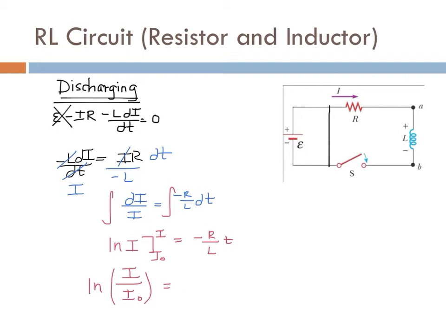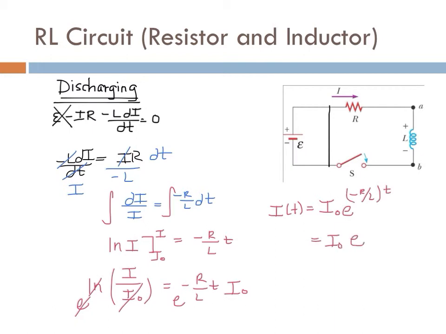And then we can get rid of the natural log by raising e to both sides. Then we want to get I by itself, so we can multiply by I naught. So our final equation is I as a function of t is equal to I naught e to the negative R over L times t. Or, like we saw in our previous section, negative t over tau, where tau is equal to L over R.